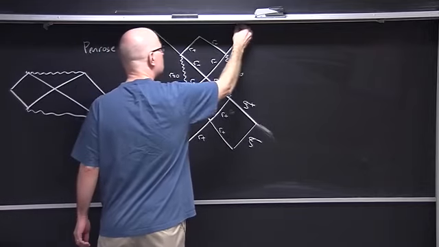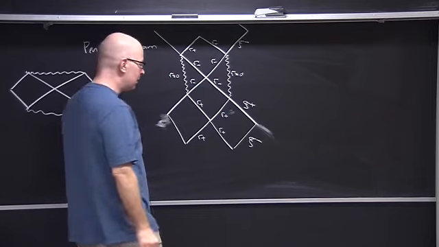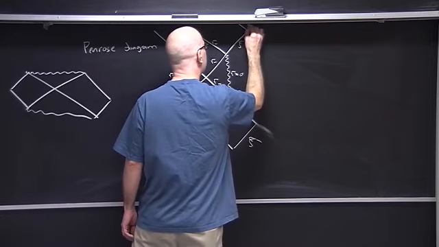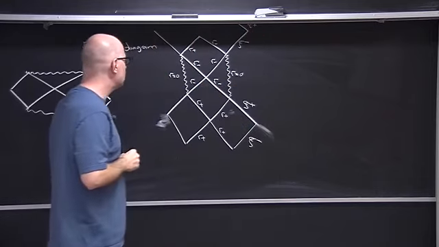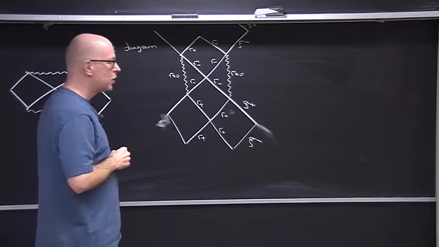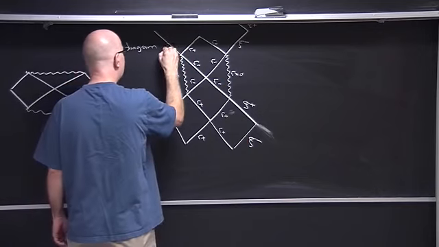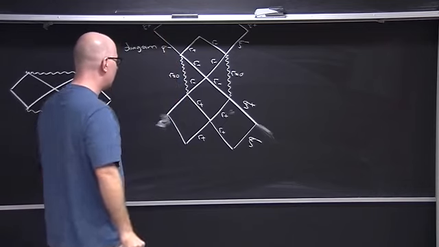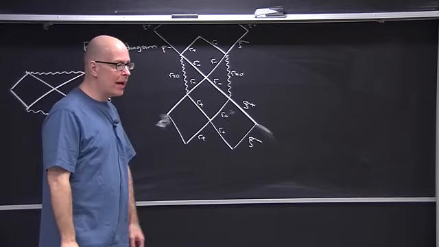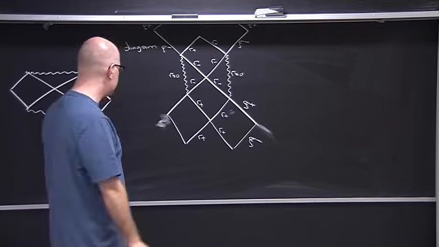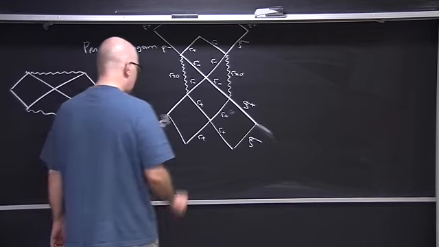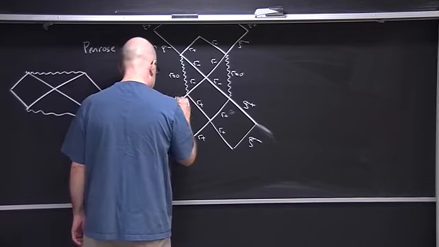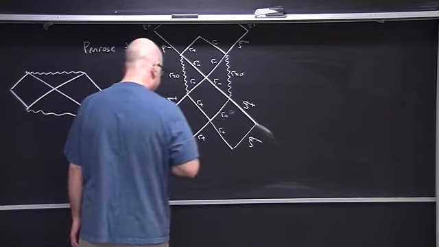And if I were to extend it like this, I would have another copy of Scri plus over here. So it just keeps on going. This is another copy of Scri minus. This is another copy of Scri plus. And in fact, it will extend to the past as well. I'll talk about that in just a few seconds. This is my other copy of Scri plus, my other copy of Scri minus.